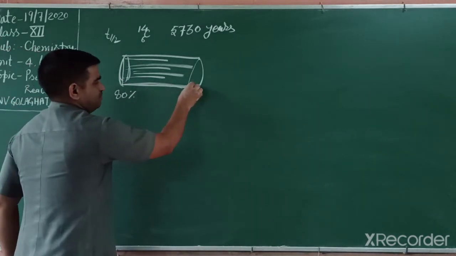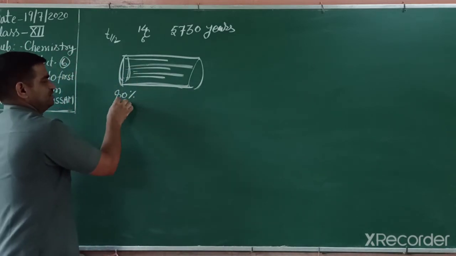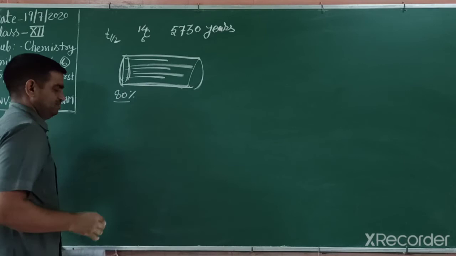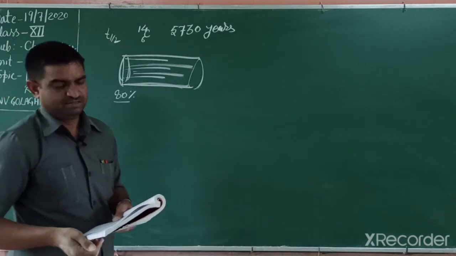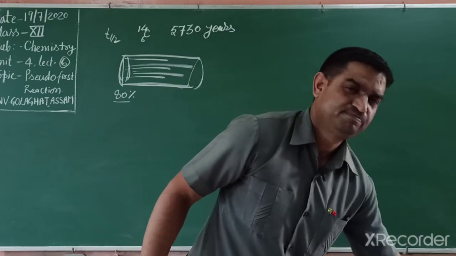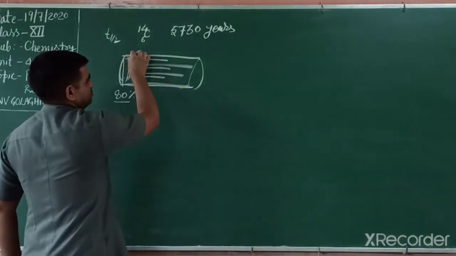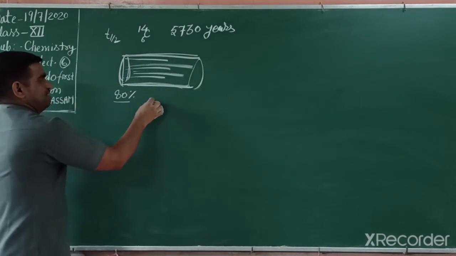Suppose this is a log of wood found in an archaeological site; when this tree was cut, it had 80% of the carbon of a living tree. So students, the question is: estimate the age of the sample, the age of this log of wood in which 80% of the carbon is found.